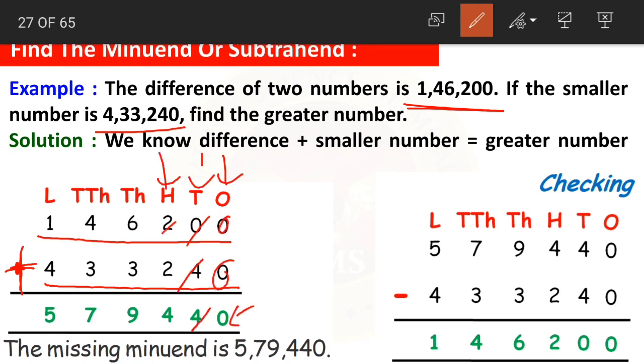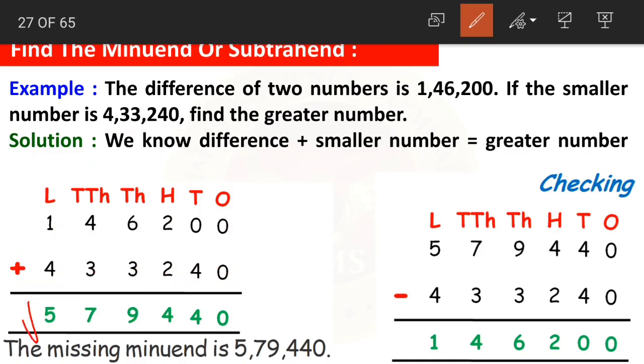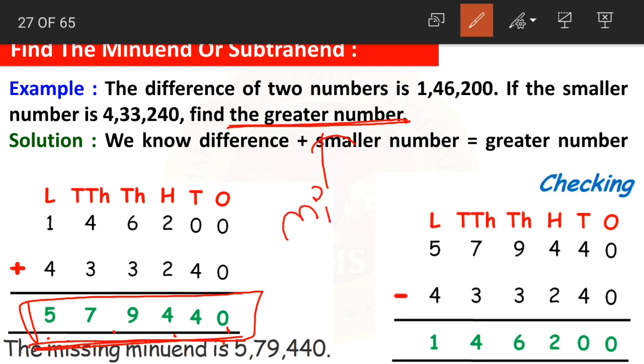In the hundreds, 2 plus 2 becomes 4. Thousands, 6 plus 3 becomes 9. 10,000s, 4 plus 3 becomes 7. Lakhs, 1 plus 4 becomes 5. Now this is our sum, 5,79,440. This is our greater number, that is the minuend.